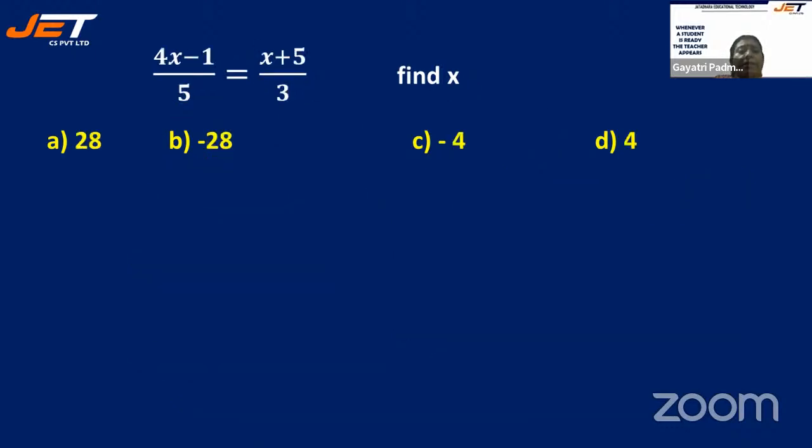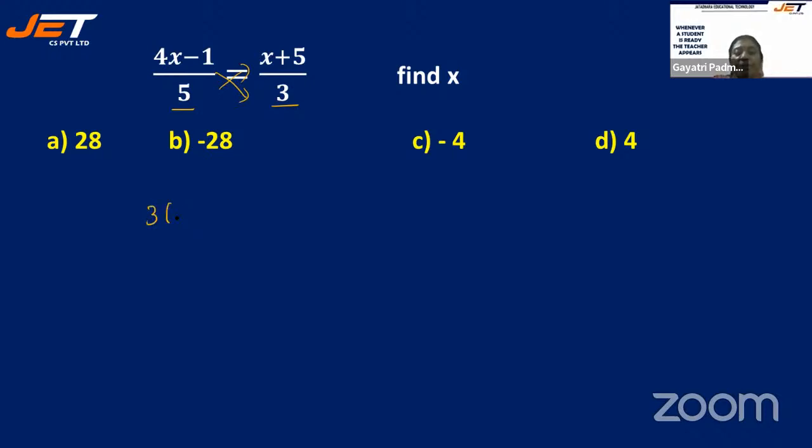See here, the next question. In one sum, we were able to cancel it or make it small. But in this sum, we cannot, because 5 is a prime number and 3 is a prime number, so both cannot be cancelled. So now there is no alternative other than cross multiplying. 30 seconds time is started.